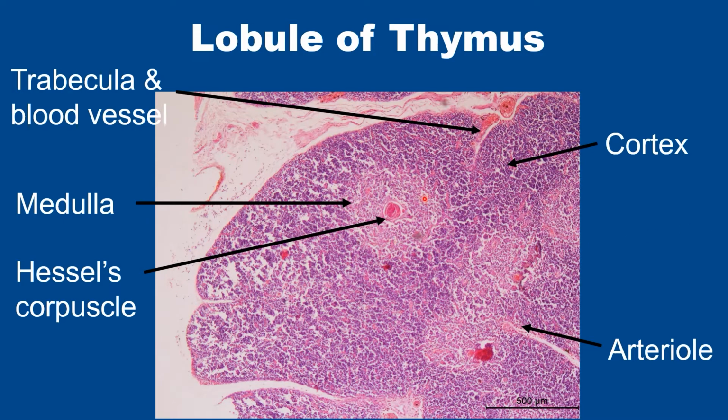Inside the medulla, eosinophilic substance is visible, that is the Hassall's corpuscle. There are a lot of capillaries in the junction between the cortex and medulla, and these capillaries form the blood thymic barrier.